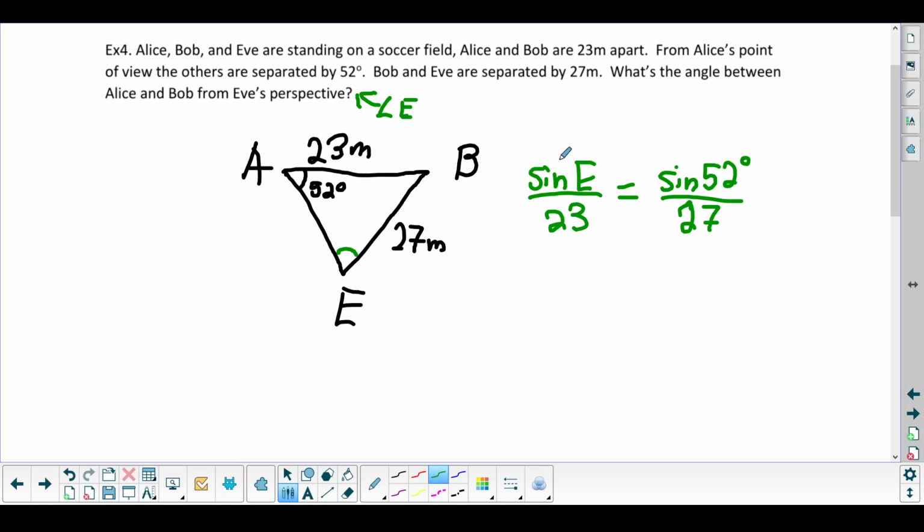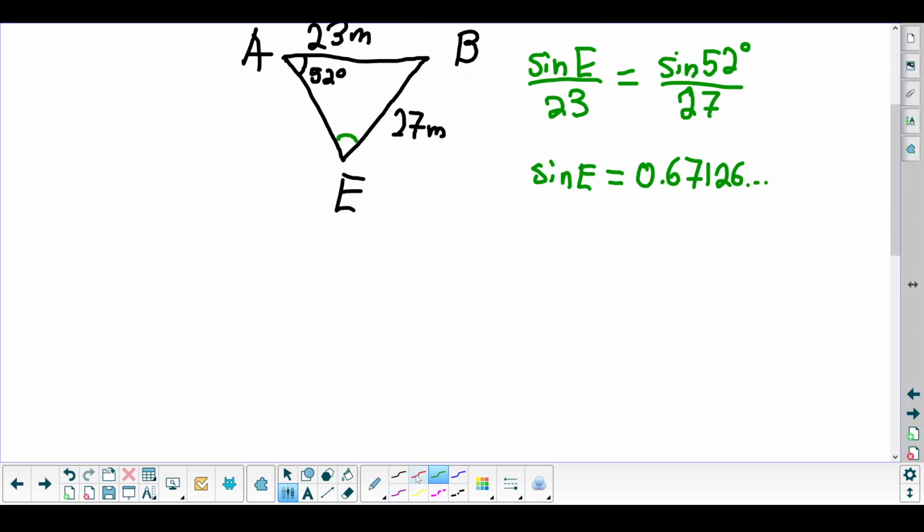Okay, and we're finding an angle using sine law. We're going to have to check for the ambiguous case. So we'll rearrange this. We get sine of E equals 0.67126 and so on. Okay, so we're going to have to check the ambiguous case.